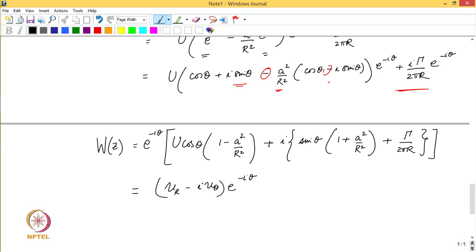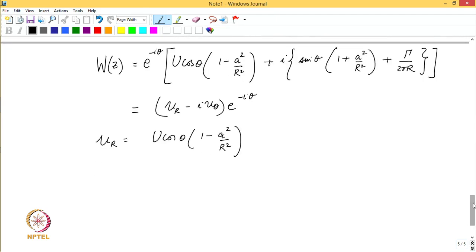So, now let us separate out the real and imaginary parts. So, u r would just be u cosine theta times (1 minus a square by r square). Okay. And u theta will be minus, and I am sorry that I am missing a u here.